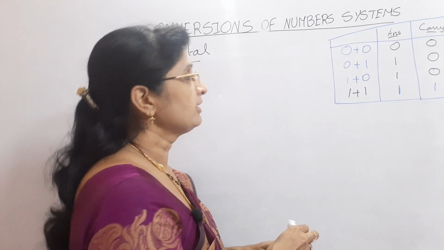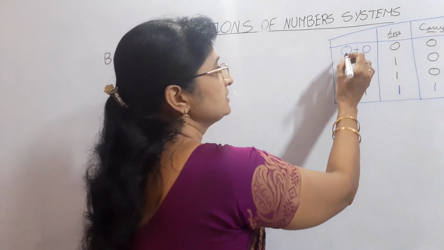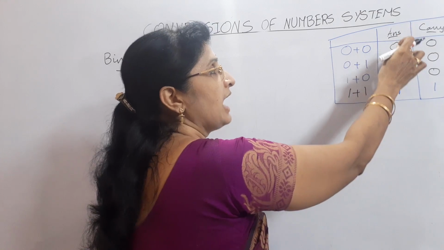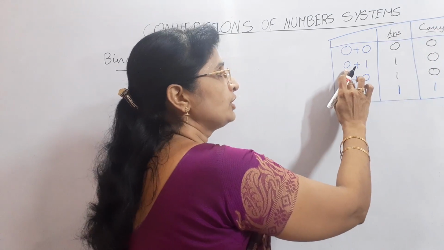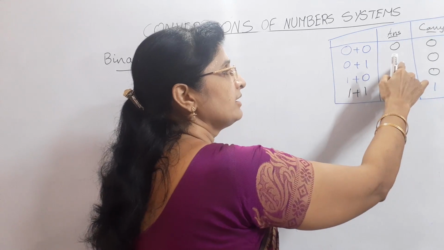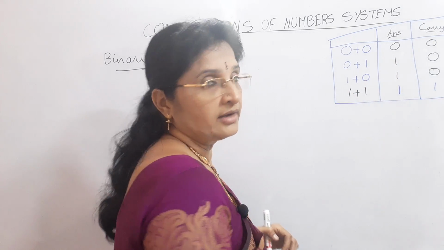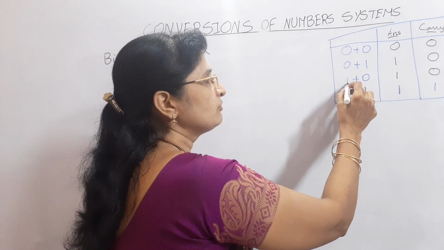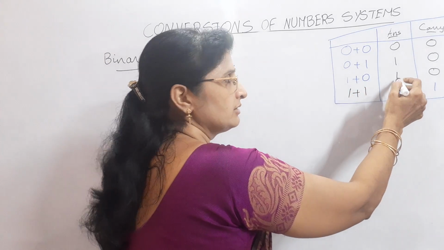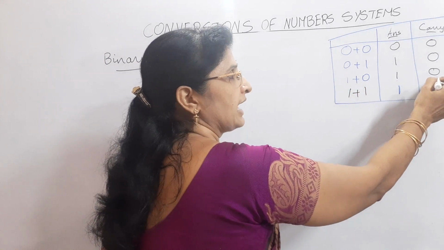For example, if you want to add 0 plus 0, then the answer will be 0 and the carry will be 0. If you want to add 0 plus 1, then the answer will be 1 and the carry will be 0. If you want to add 1 plus 0, then the answer is 1 and the carry is 0.